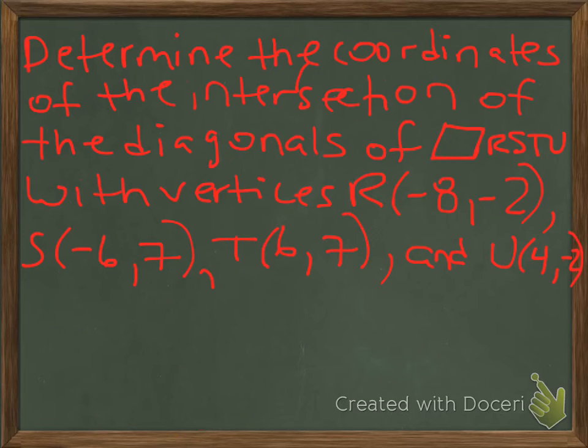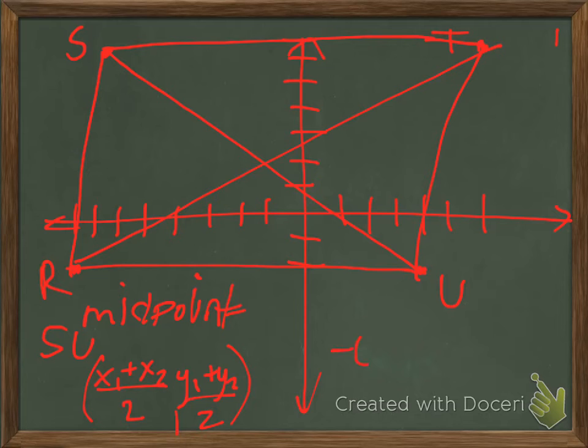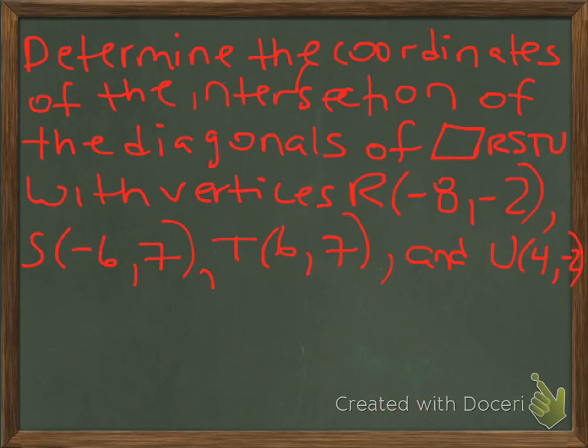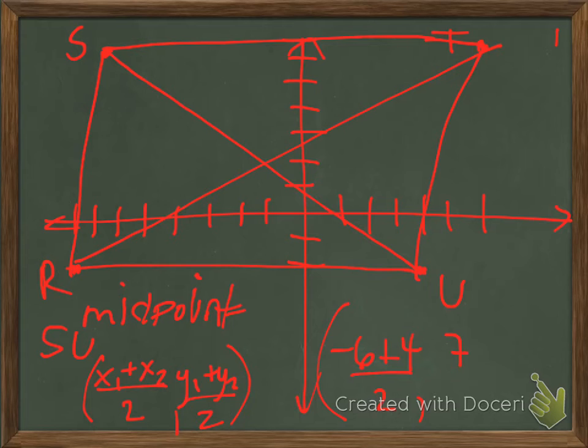So the x values of S and U are negative 6 and 4. And the y values are 7 and negative 2. So we get negative 2 over 2, which is negative 1.